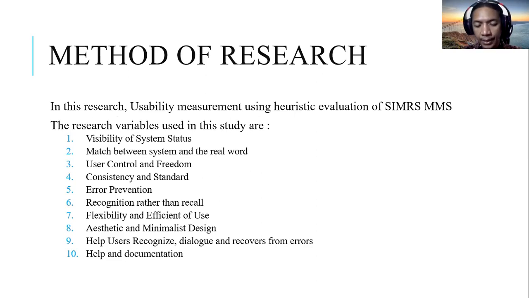The research variables used in this study are visibility of system status, match between system and the real world, user control and freedom, consistency and standard, error prevention, recognition rather than recall, flexibility and efficiency of use, aesthetic and minimalist design, help users recognize, diagnose, and recover from error.